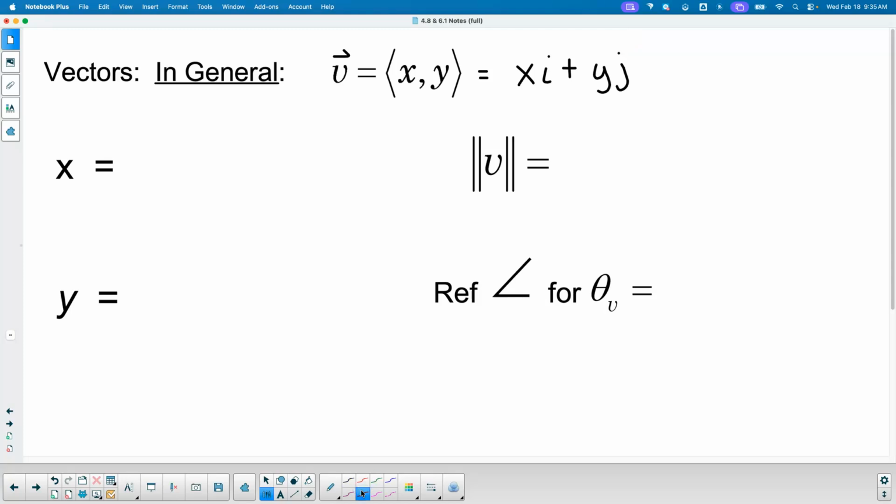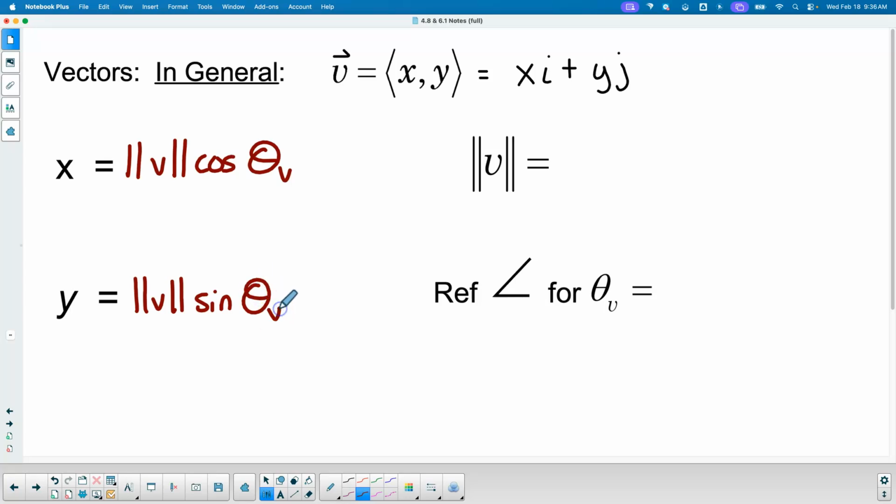The x part of the component form would be the magnitude of v times the cosine of v's direction angle. The y component would be the magnitude of v times the sine of the direction angle of v.